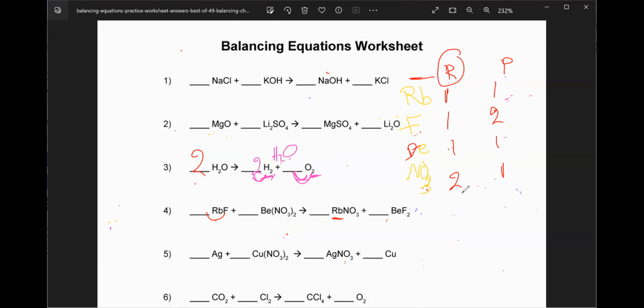Very good. What would you do here? To balance the fluorine and the nitrate. Okay, so what are you going to balance? I'm going to put two for the first compound.